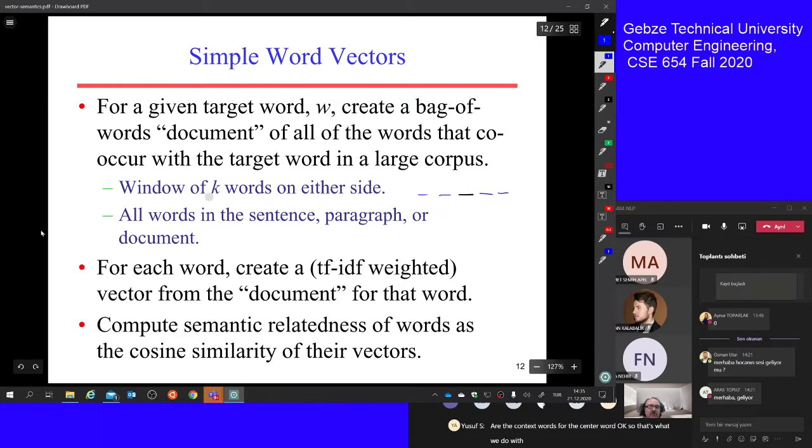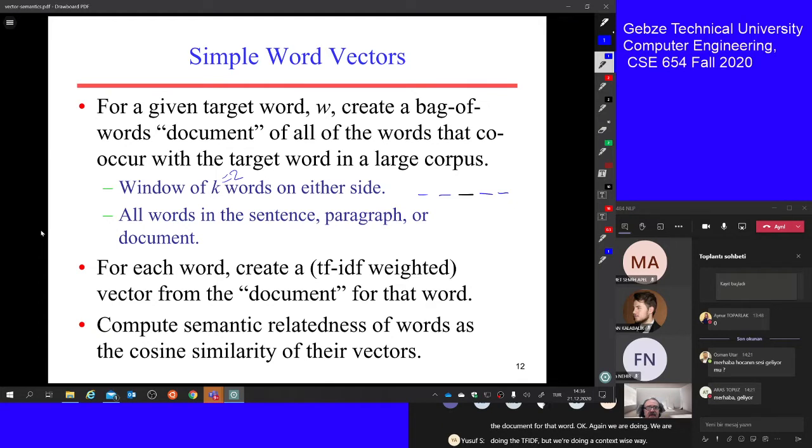A window of k words on either side. K in this case is 2. All words in a sentence or paragraph or document, we can do that too, but usually we have this kind of case. For each word, create a TF-IDF weighted vector from the document for that word. Again, we are doing the TF-IDF, but in a context-wise way.